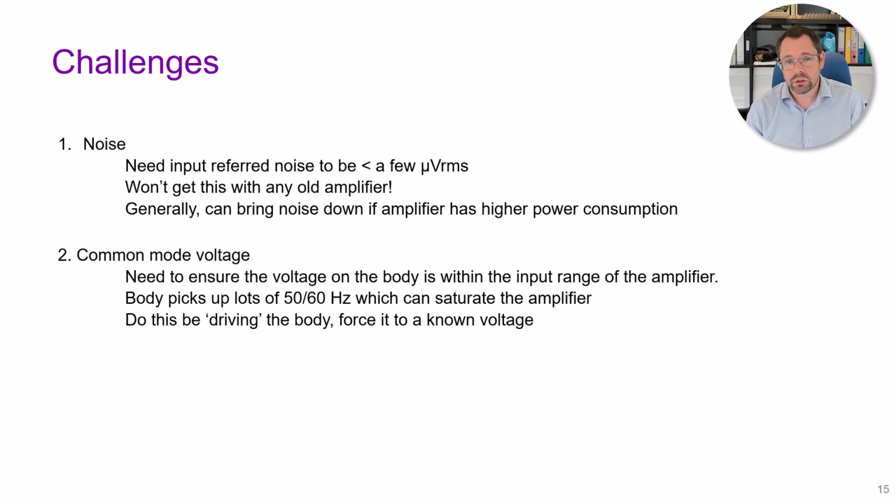Making a low noise amplifier isn't trivial, and of course this is why it's taken some time to have really miniature portable units, because in general, in terms of electronics, we can make lower noise amplifiers if we're willing to let them have more power consumption, and that's going to trade off with the battery life that we have.